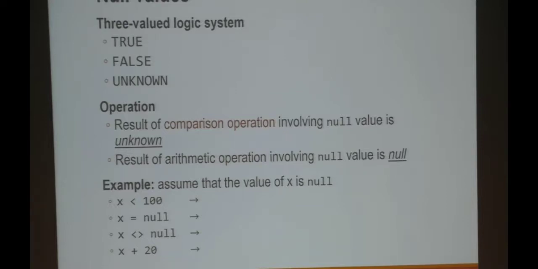It can replace anything that is Boolean. So it's neither true nor false. But when you're looking at an arithmetic value, the result should be null. That is why when you have unknown plus 20, the result is null.